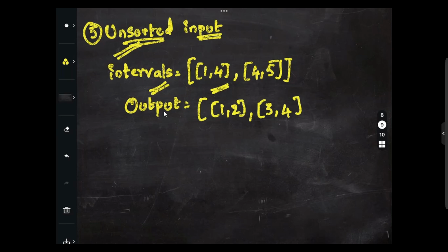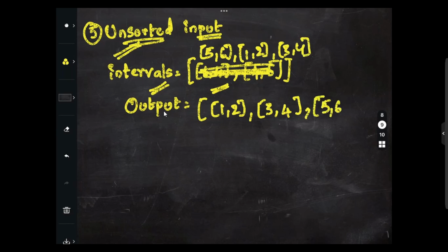Here let me consider, instead of this one, 5 comma 6. I have considered the wrong one, sorry. Let me consider the correct edge case here, 3 comma 4 this will be. So here in this case, we will merge 1 comma 2, 3 comma 4, and this one will be 5 comma 6.